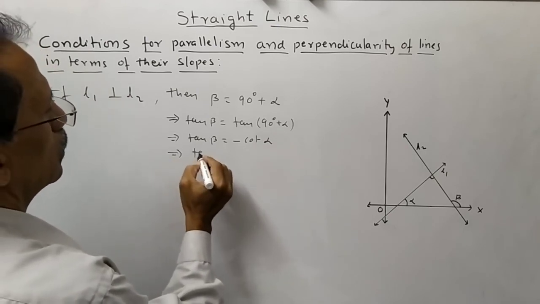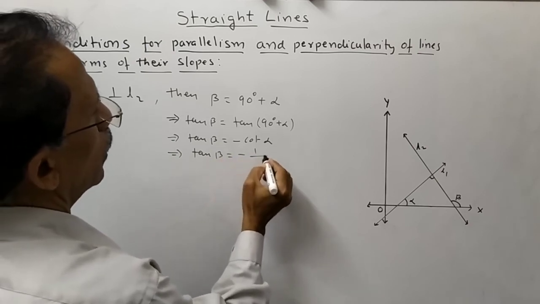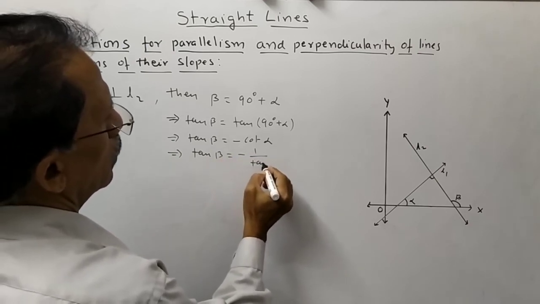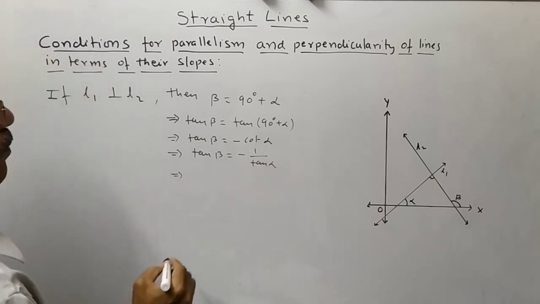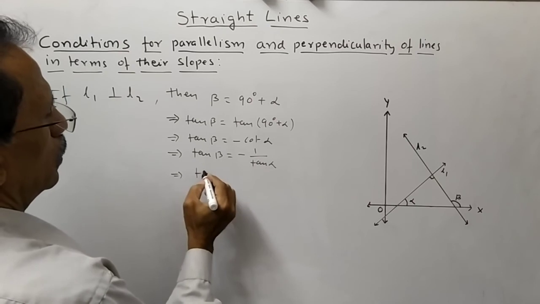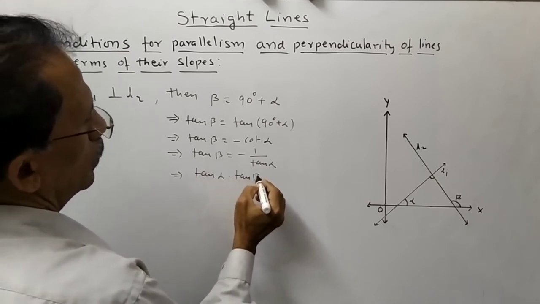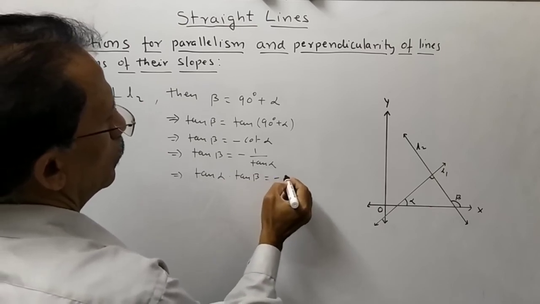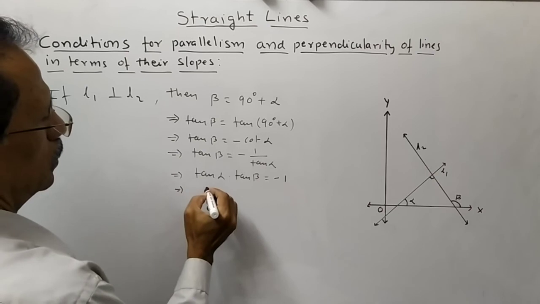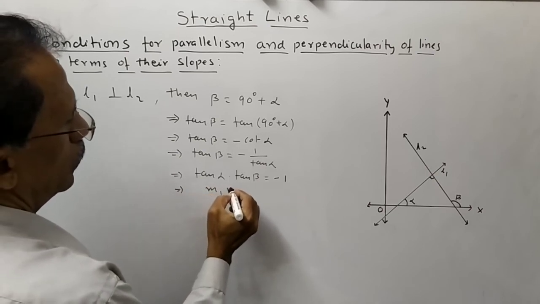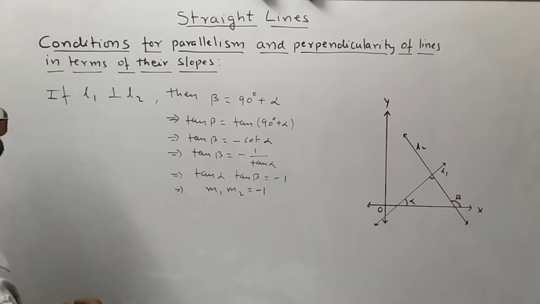Implies tan beta is equal to minus 1 divided by tan alpha, implies tan alpha into tan beta is equal to minus 1. This implies m1 into m2 is equal to minus 1.